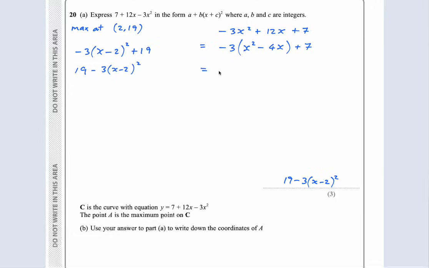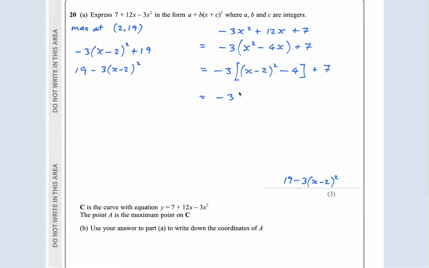Then I do the completing the square bit inside here. So it's x minus 2 squared, because I half this, and then I subtract this squared, minus 4, because it's 2 squared, and then plus 7. Then I multiply this out.